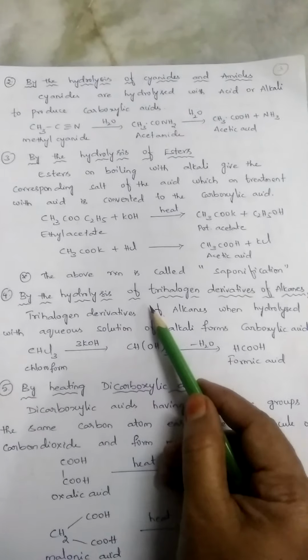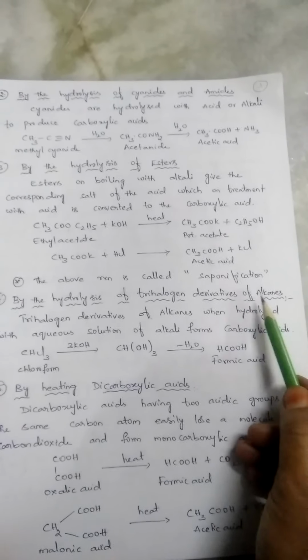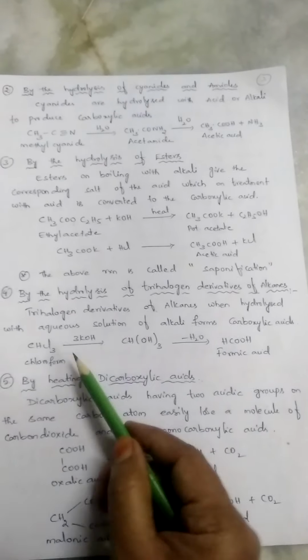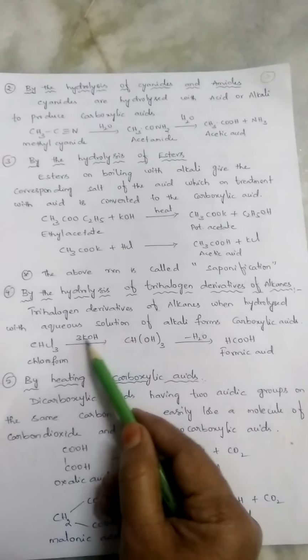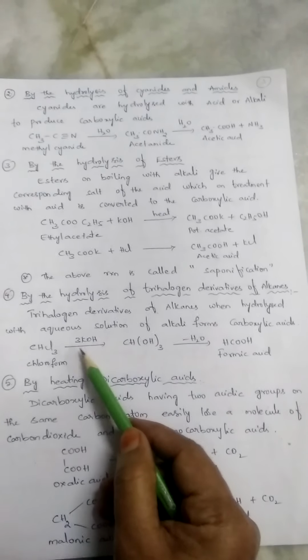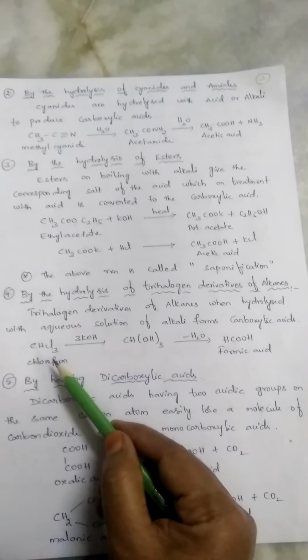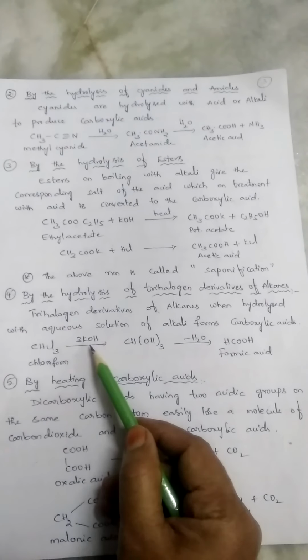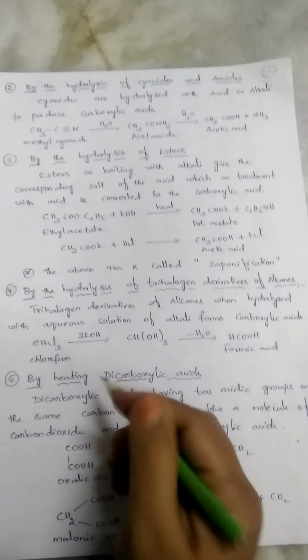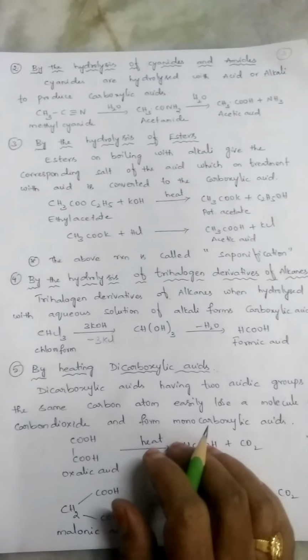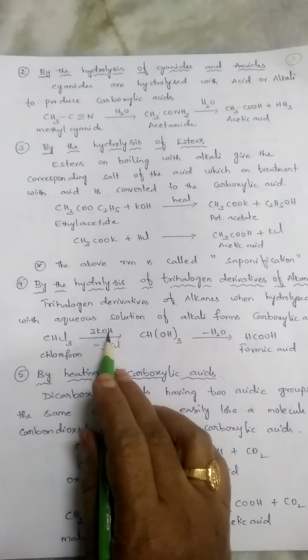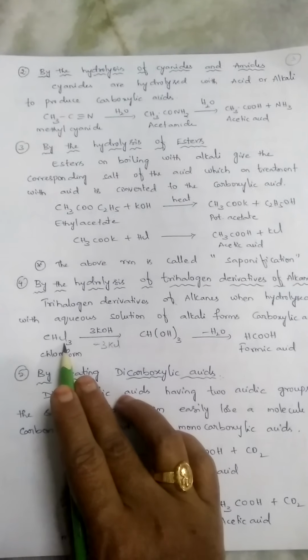By the hydrolysis of trihalogen derivatives of alkanes. If you take chloroform, trihalogen is there, right? So I am adding 3 KOH, you may take 3 NaOH also. These 3 chlorines take 3 potassiums, so 3 KCl will go out and 3 OHs will replace the chlorines.